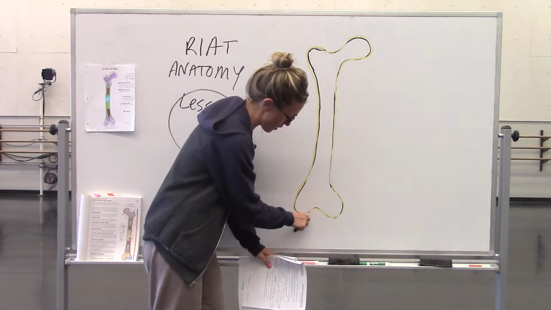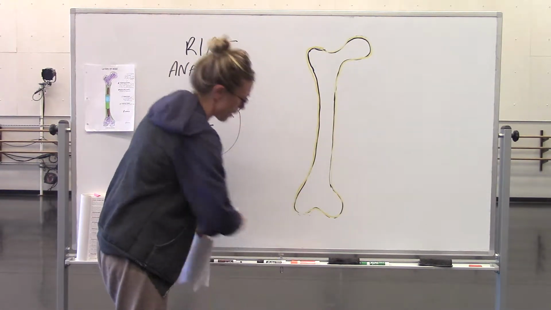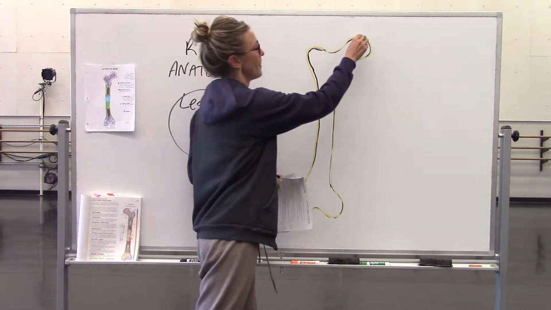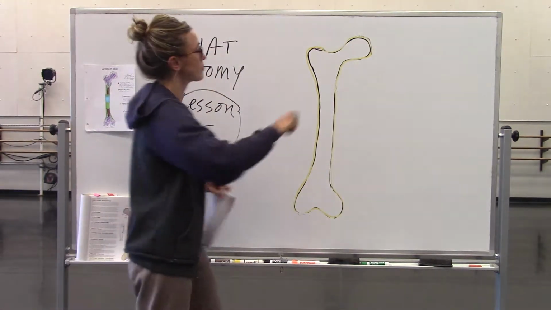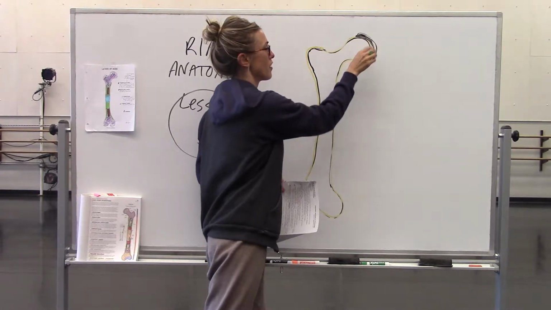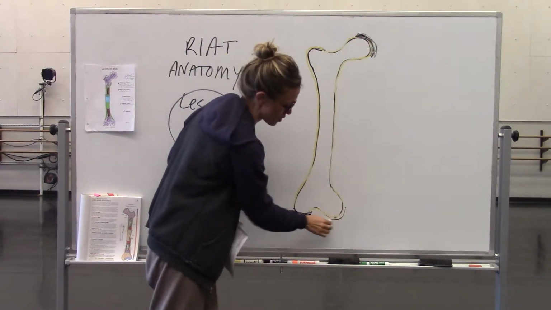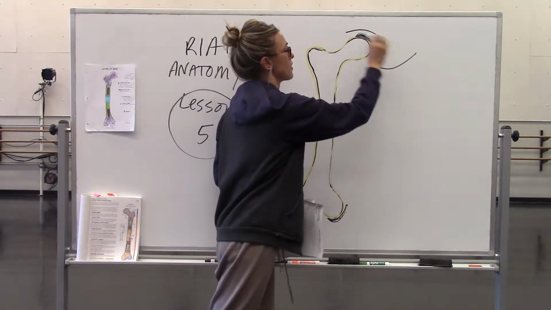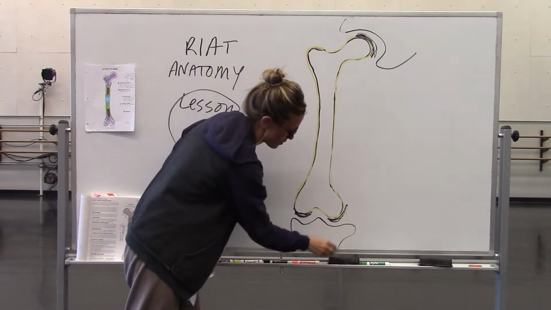Sorry, you probably can't see this, and this pen doesn't work, but I'll thicken up the part of the bone where there's going to be articular cartilage present, articulating with the pelvic half on this side and with the tibia on this side.